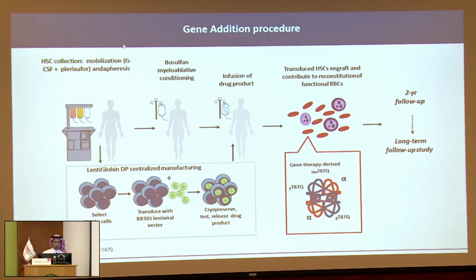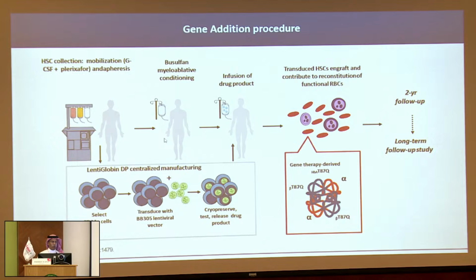How this procedure takes place: first, the patient will be mobilized by plerixafor. The stem cells will be collected, and then these stem cells will be transduced with the desired viruses or vehicle, or what we call vector copy, that will be internalized, and then it will be tested, stored, cryopreserved, and sent to the patient.